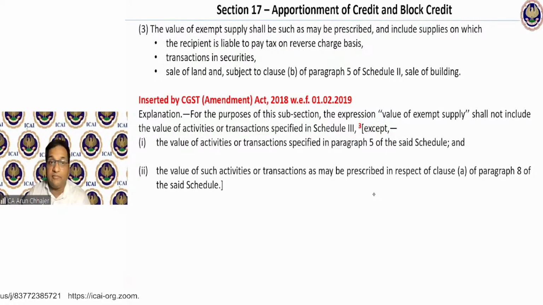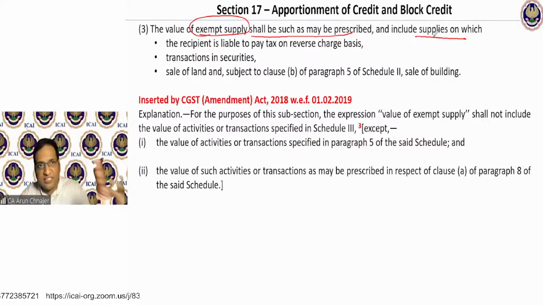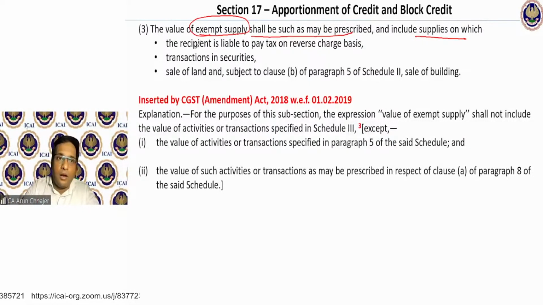Section 17 subsection 3, which I was talking about, says the value of exempt supply shall be such as may be prescribed and include the supply where the recipient is liable to pay tax on reverse charge basis.